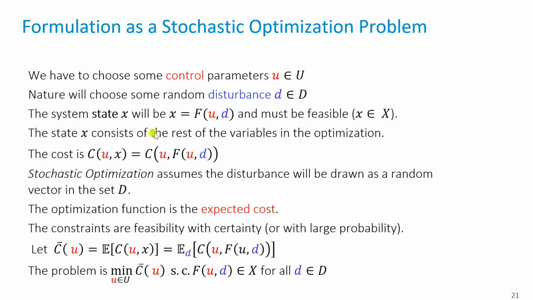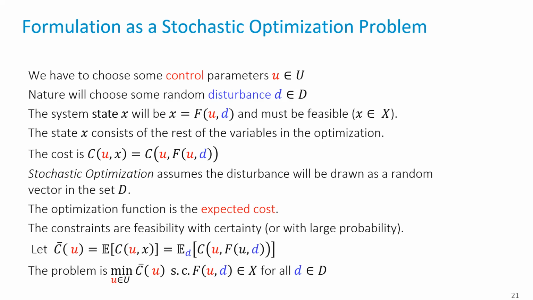Now, what is the state? Well, the state here in our case is, for example, the state of the electrical grid here. The cost that we pay for this, so we choose U, nature chooses D, and then we pay. We pay as a function of U and the state, therefore, indirectly, we pay as a function of U and the disturbance chosen by nature. So you see, this is exactly a game. There are two players, and I am the player.